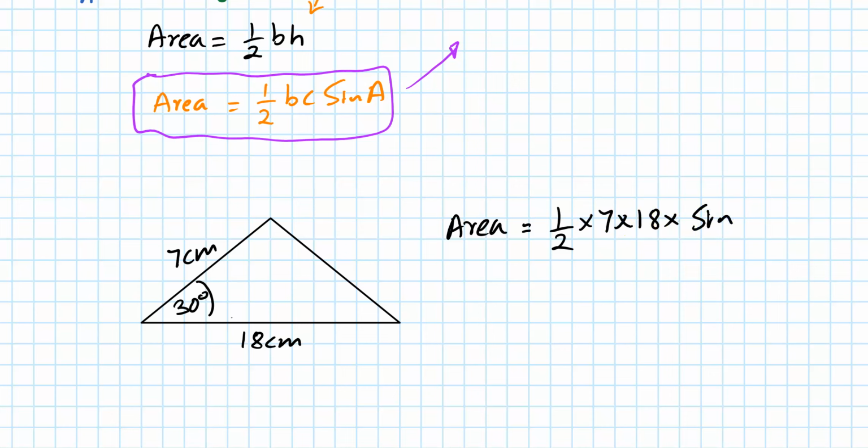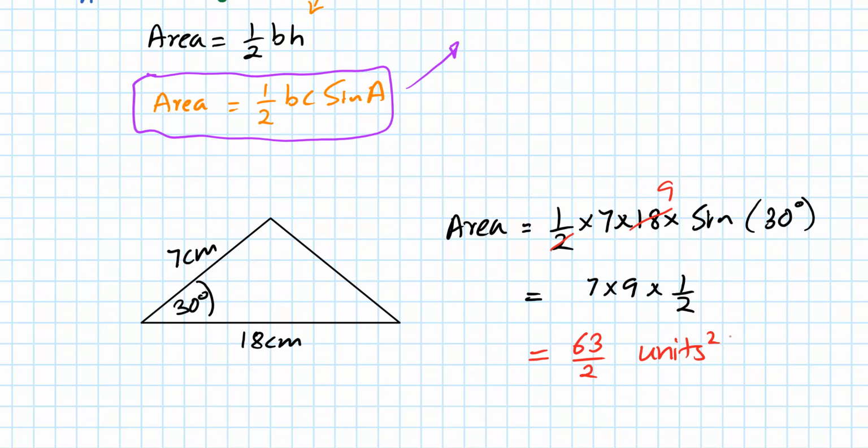Then sine of the angle in between those two lengths is sine 30, and you remember sine 30 is in fact half. Therefore, we get 7 times 9 times half, because you can cancel the 2 into the 18 as a 9. Therefore, the answer is 63 on 2 units squared. That's our answer for the area for this particular triangle.